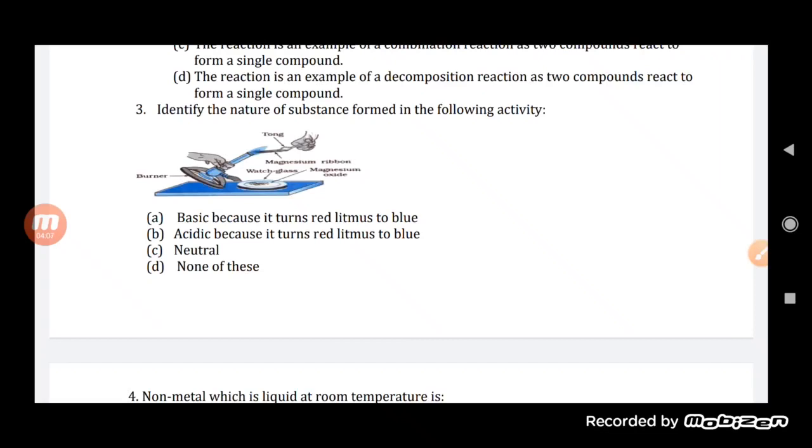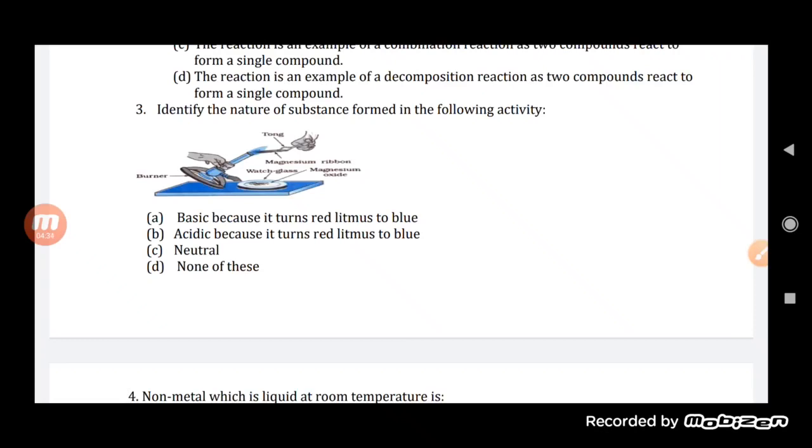Here, as you can see, a magnesium ribbon has been taken, and when we burn it with the help of tongs, it burns with a dazzling flame, and a white ash is formed, which is collected in the watch glass, and that is magnesium oxide.